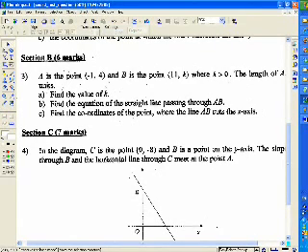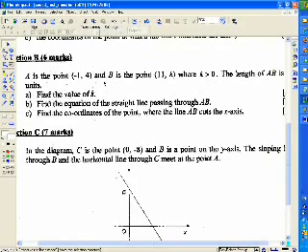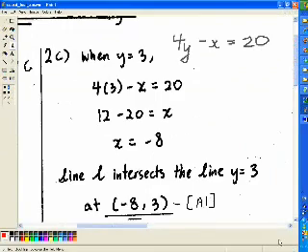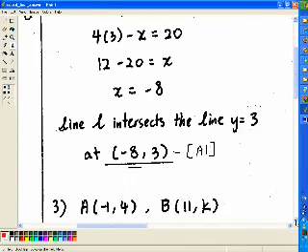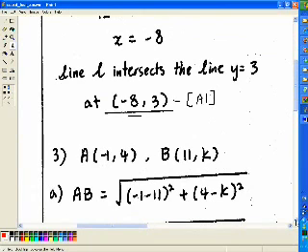Okay, since it tells you that the length of AB is 13 units, do you still remember the formula for finding the length between 2 points? The formula is the square root of (x2 minus x1) squared plus (y2 minus y1) squared.